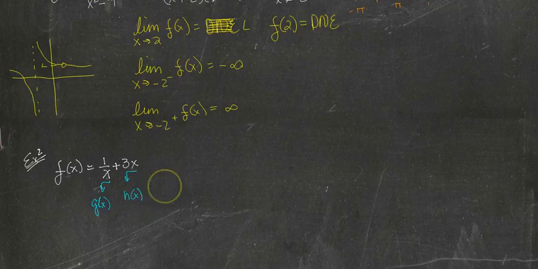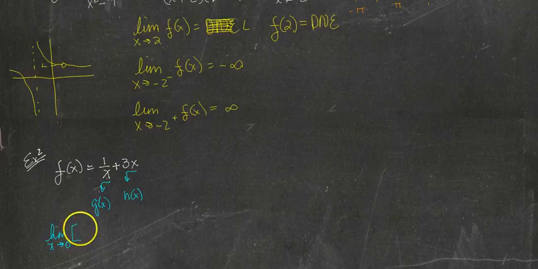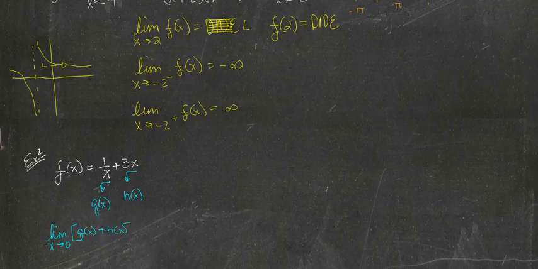And so really what we're looking at is what is the limit as x values approach 0 of g of x plus h of x. I'm just adding 2 together.